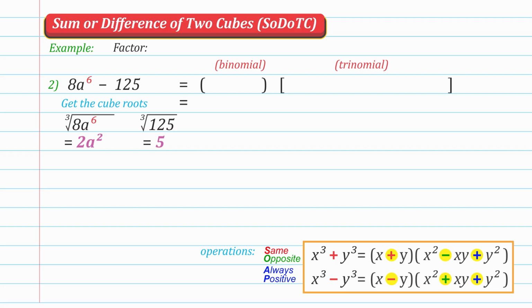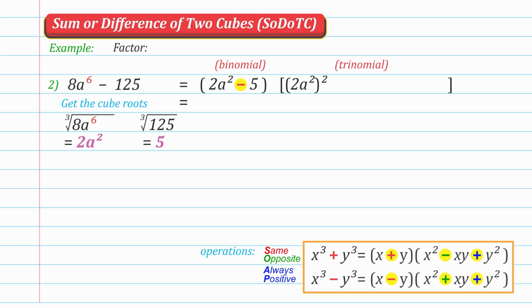So, step 2. Apply the correct formula or pattern. Binomial factor first. Copy the first cube root, 2a squared. And then copy the second cube root, which is 5. Remember that the operation is the same as the original. It's still minus. For the trinomial factor, let's square the first cube root 2a squared.